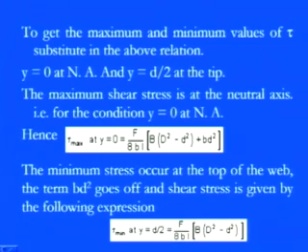Now we have the maximum shear stress. The other thing is the shear stress at the tip, because the flanges are there at the tip. So we need to keep y equals small d by 2. The minimum stress occurs at the top of the web, just near the flanges area, and the term b d square goes off.